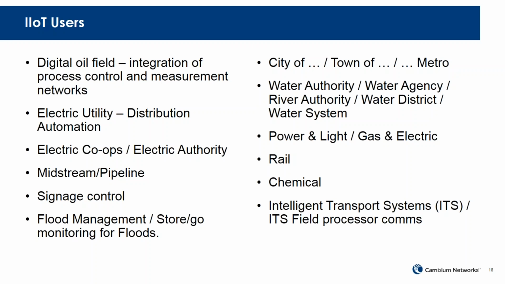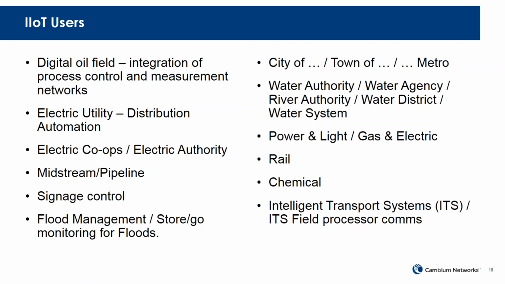There's a number of different potential customers or users when you talk about IIoT. So, the question becomes, well, who would actually buy an IIoT system, or who would actually need an IIoT system? And this kind of lists all the different users, and it's not an exhaustive list by any means. It's certainly a good starting point. So you can see the ones we've talked about, which are oil fields, electric utilities.